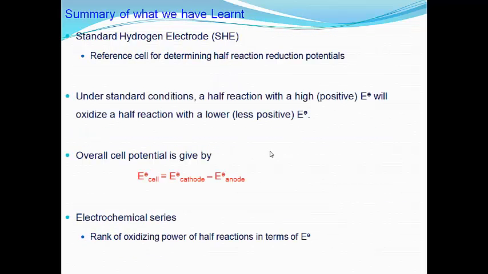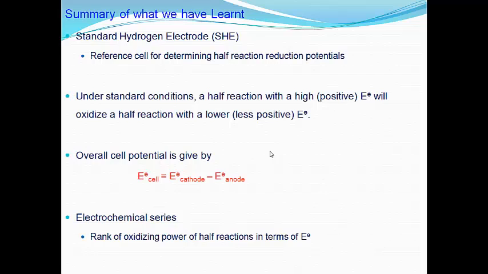And half reactions in electrochemical cells are determined with respect to the standard hydrogen electrode as a reference, and these values allow us to calculate the standard reduction potential, that is the potential for species to be reduced with respect to a standard hydrogen half cell.